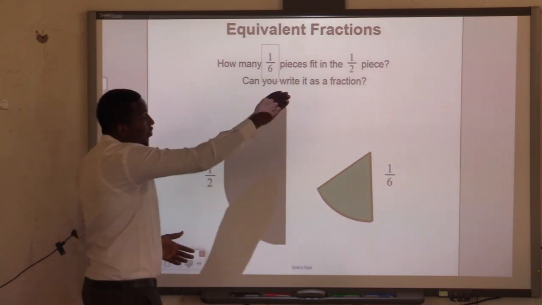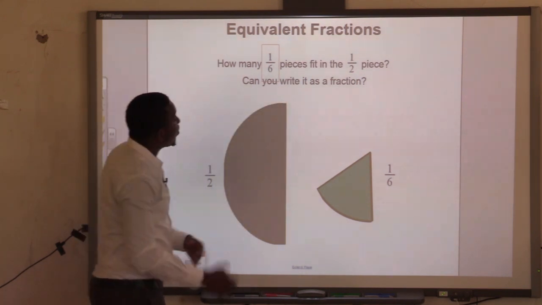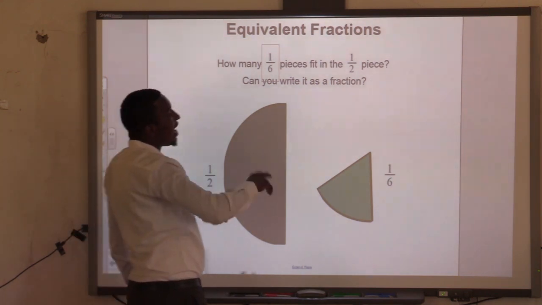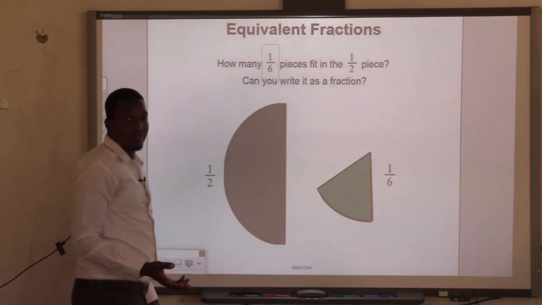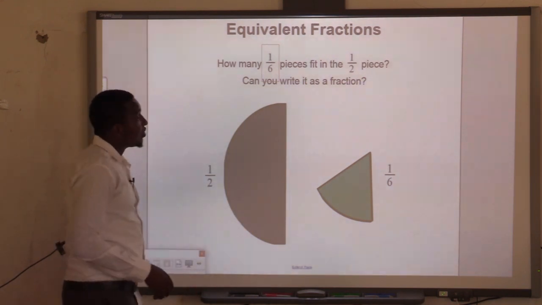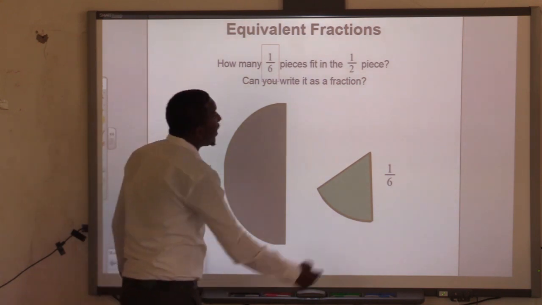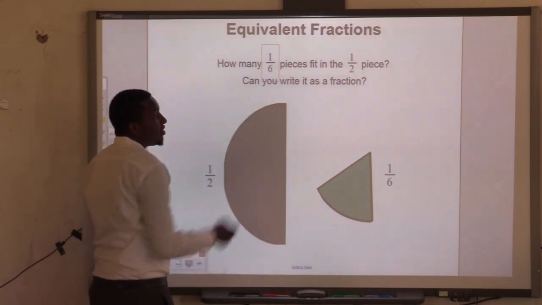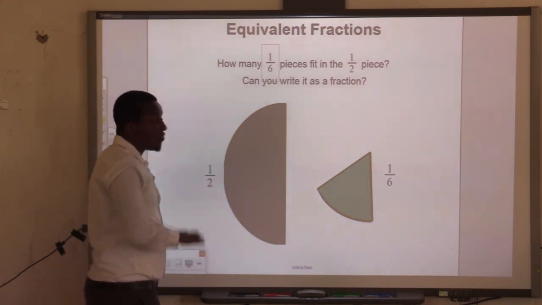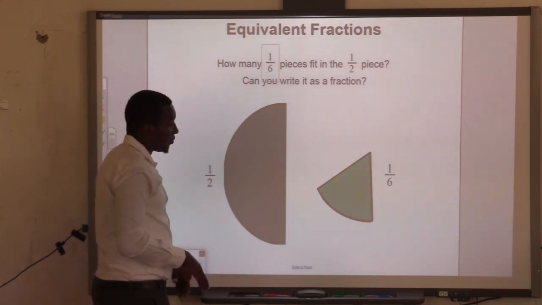That is to answer the first question. The second question went further to ask, can you write it as a fraction? We'll try the first question first, then we will look at the second question. We are going to find out how many 1/6 pieces can fit in this half piece of the same circle of equal proportion.